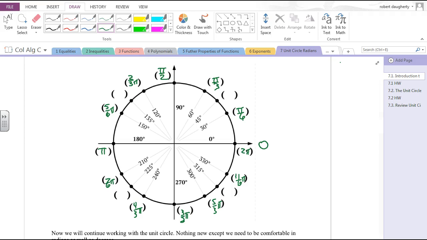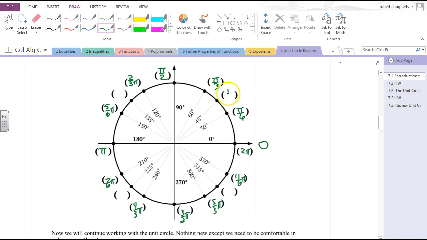Now, if we look at 45 degrees, so that's halfway. This 45 degrees is halfway between 0 and pi over 2. Okay, or another way of looking at it, here's 45 degrees, 45 degrees, 45 degrees, 45 degrees. How many of those did I just count? There are 4 of them.